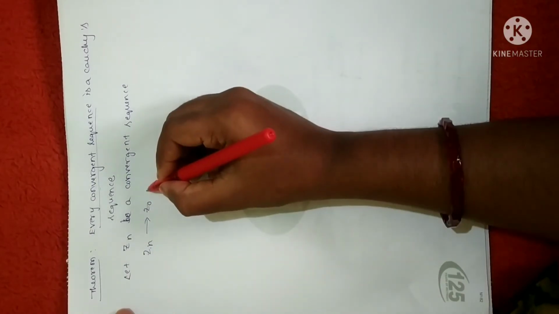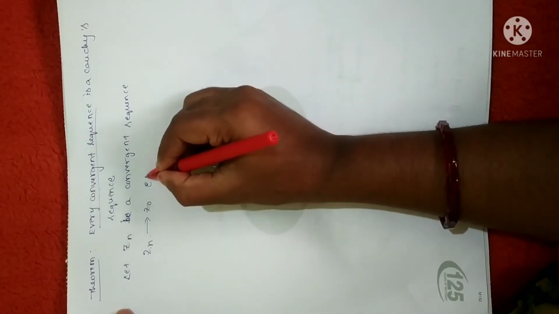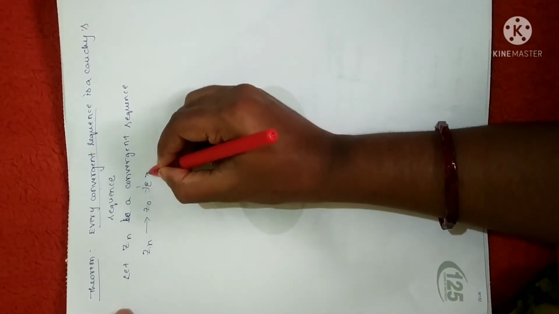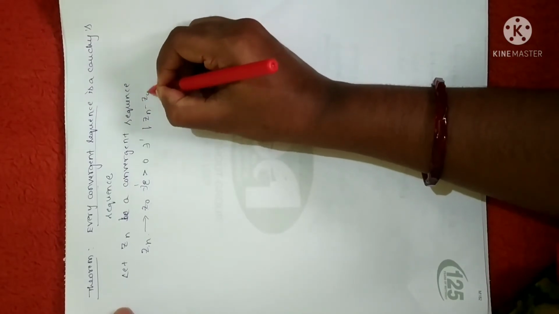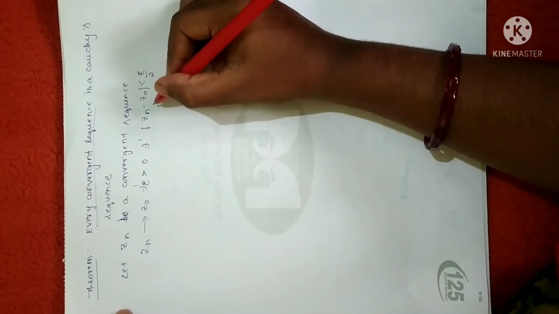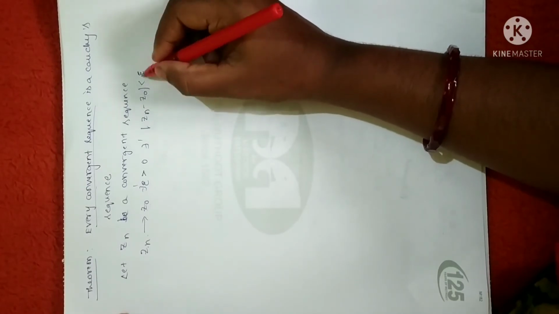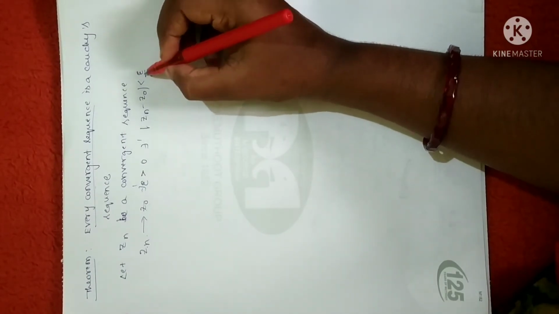Now let me write the definition of convergence. As I already explained, if Z_n converges to Z_0, then for every epsilon greater than 0 there exists n_0 such that magnitude of Z_n minus Z_0 is less than epsilon. But here let me choose epsilon by 2. Since epsilon is arbitrary and very small, we can manipulate its value as per the requirement of the theorem or problem.